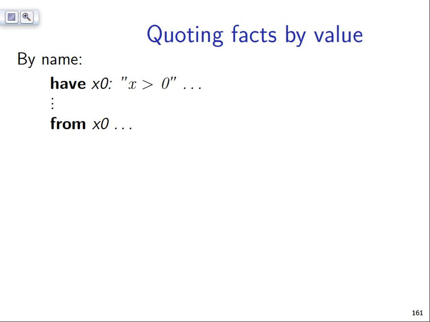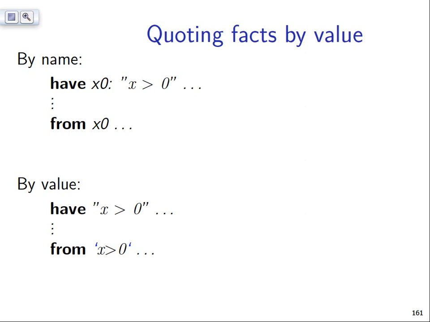And now it's painful to have to invent all of these names, and in particular a name for something that's already a very short fact. Wouldn't it be nice if we could say from the fact that x is greater than 0, rather than having to invent a name for it? Which, of course, only is a good idea if it's a short proposition. If it's a long proposition, you don't want to refer to that whole text again. But you can do that, and this is the way to do it.